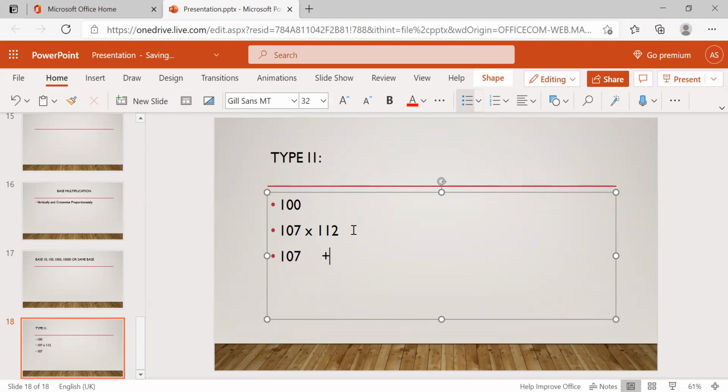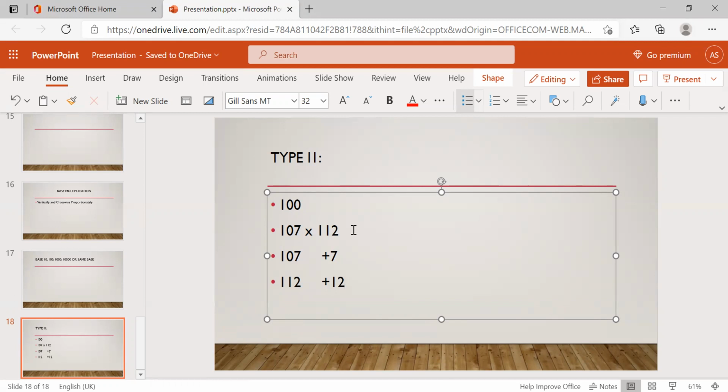Okay. What is the highest value? The 7. 7 is more, right? So 112. What's the highest value? Plus 12. Okay. First, you just consider the numbers, and then whether it is more than the base value or less than the base value. It is very important.